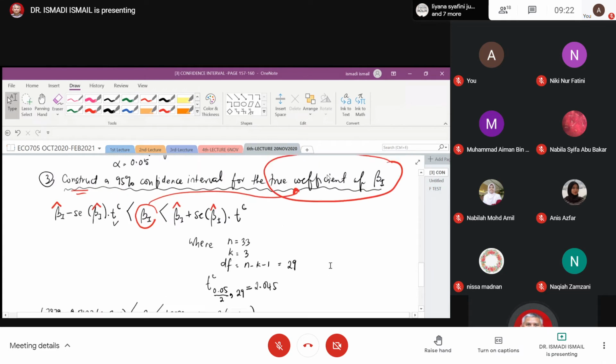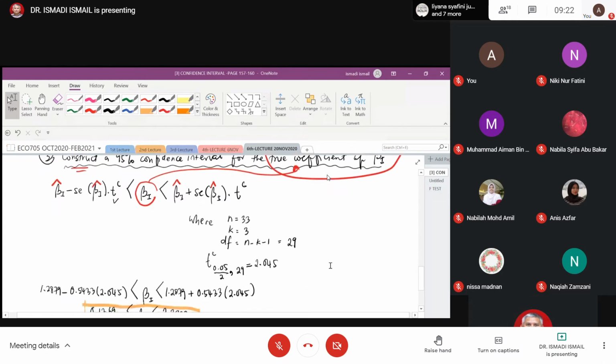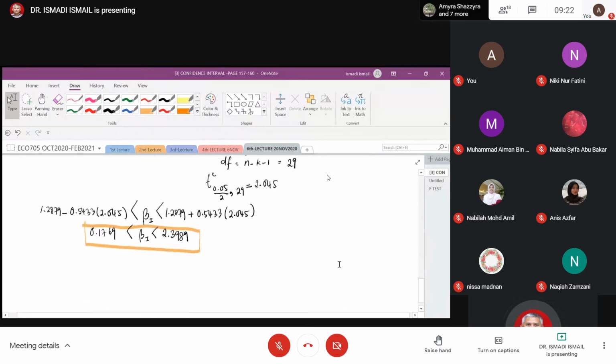This is step 3. Then step 4 is the decision rule. The decision rule. So under this decision rule, how do you decide?